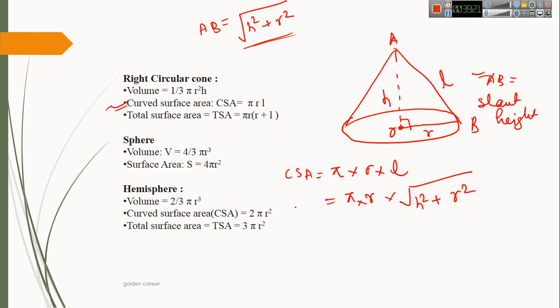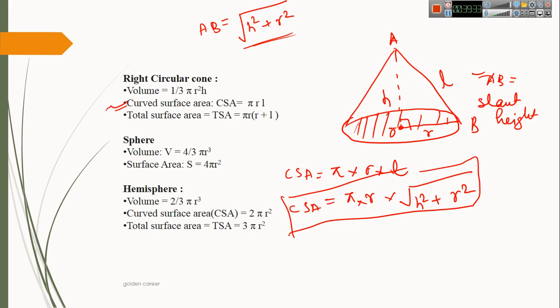Okay, here AB equals the slant height. Using Pythagoras theorem, AB equals the square root of h square plus r square.